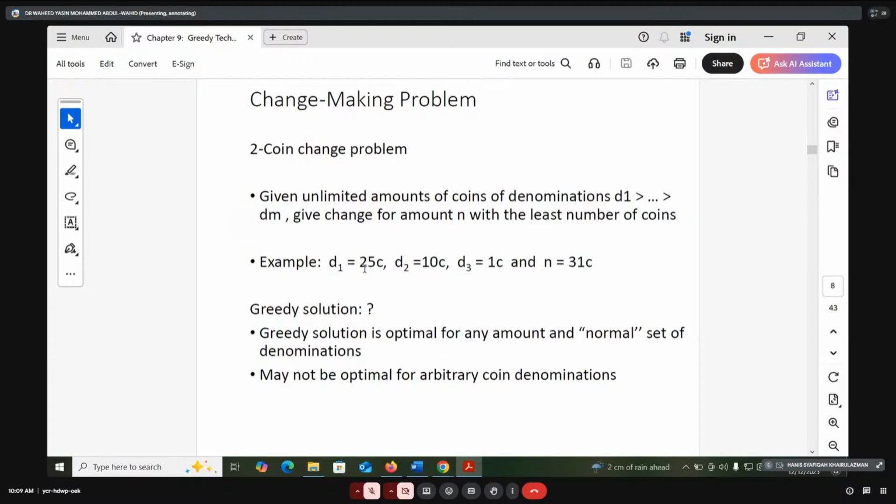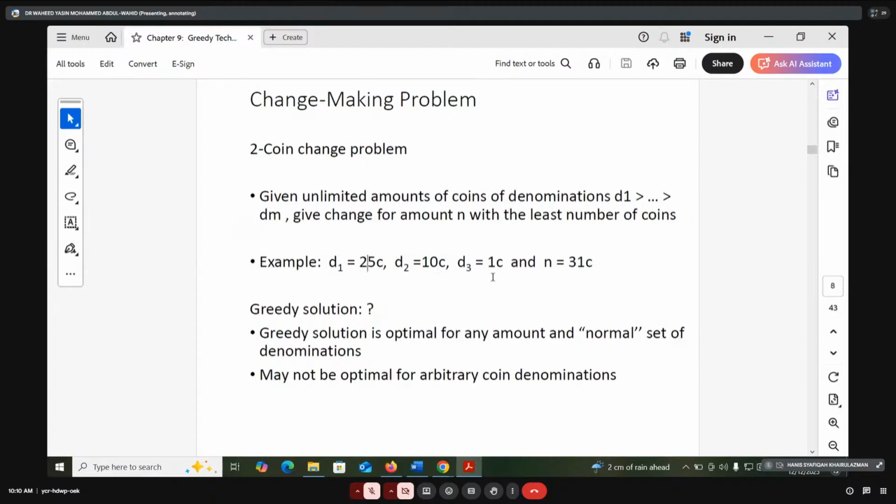However, if I use another approach, what we call the dynamic programming approach: the greedy solution is optimal for any amount with a normal set of denominations, but may not be optimal for arbitrary coin denominations. Here I can use 3 coins of 10, so it will be 30, and 1 coin of 1, so it will be 4 coins. 30 and 1, 31.